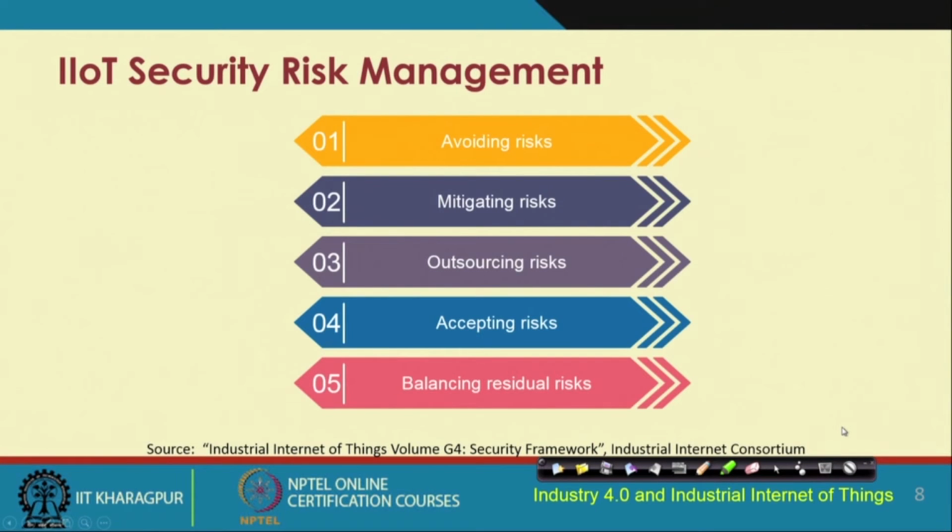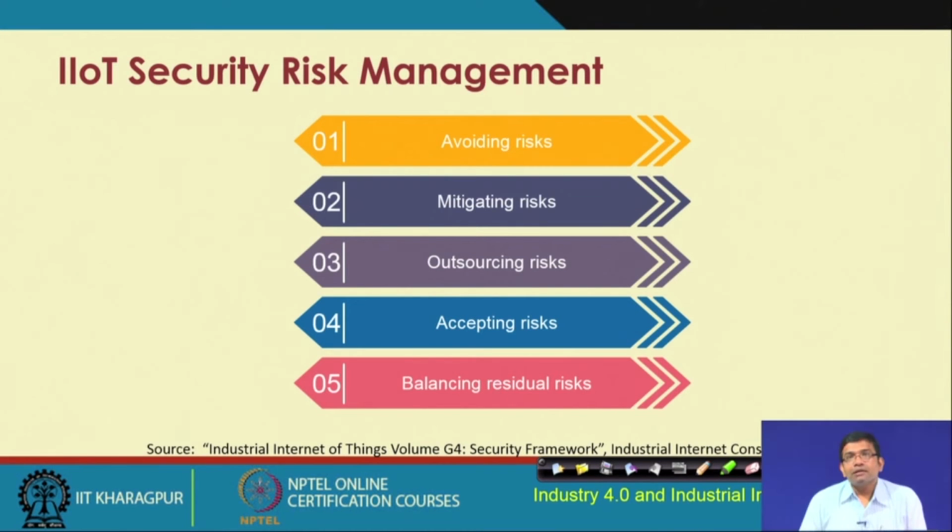So, IIoT security risks will have to be managed. For this management, there are different considerations that will have to be made. Number one is it is required to avoid the risks. Second is it is required to mitigate the risks that will still exist. First of all, you avoid. Second, whatever comes in, you have to mitigate.